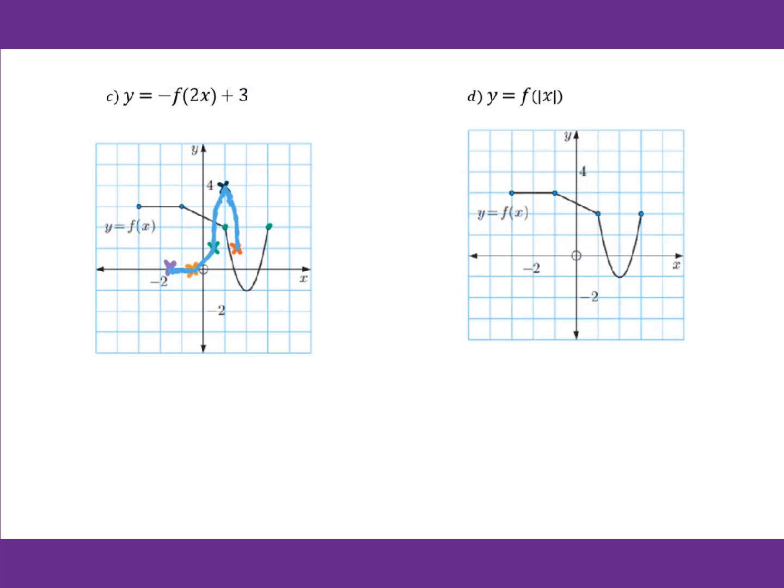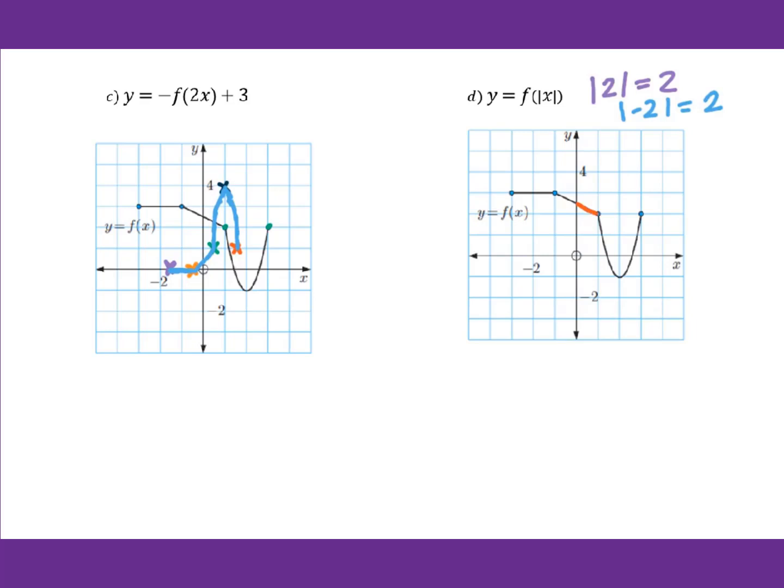Let's go to D. We want to find out y equals f of absolute value of x. As we know, absolute value of 2 equals 2. Absolute value of negative 2 equals positive 2. Therefore, for all positive domain, you will get exactly the same graph.